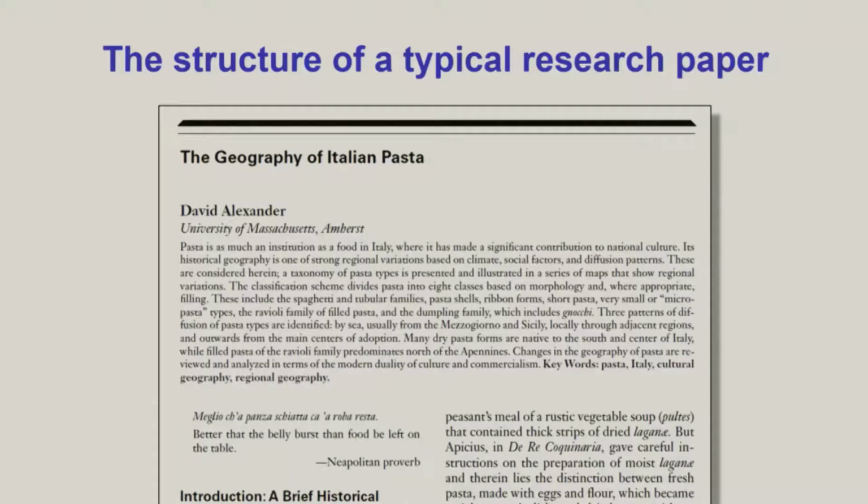The next thing is an abstract, and the abstract should summarize the content of the paper. The abstract is not an introduction. It is instead a précis or summary of everything that's in the paper in but a few words. Many journals will then follow that by keywords. In other words, which terms characterize what's in the paper.